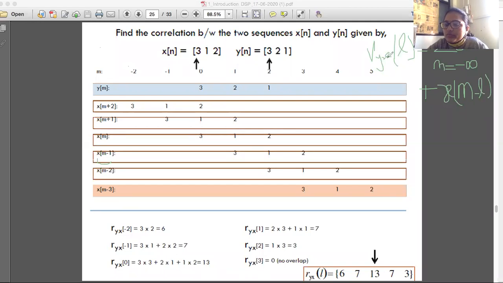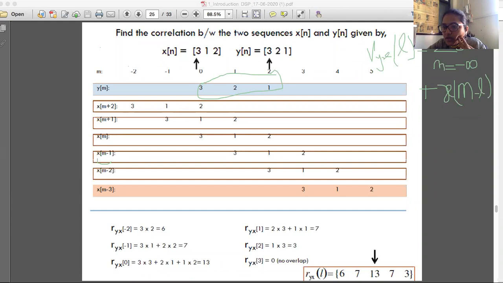So what we are going to do is perform the operation upon the second sequence. The first sequence is represented here, where the starting point of the sequence is 3. So it is going to be 3, 2, 1. In this way, the first sequence we have represented here. Now for the second sequence, we are supposed to perform the shifting operation.